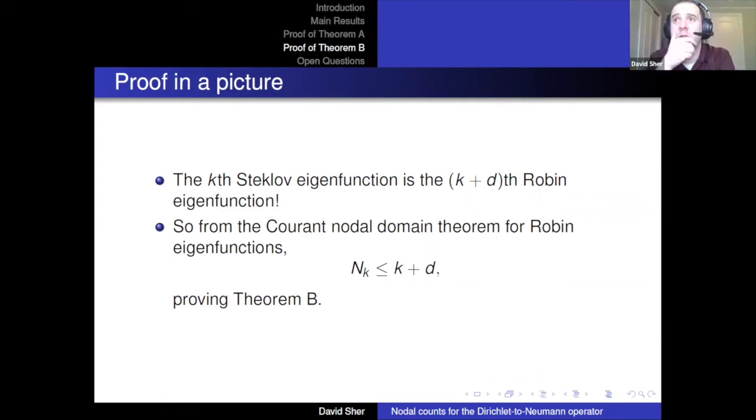Could we instead use Pleijel at this place? Interesting. I think Pleijel works for Robin eigenfunctions, if I'm not mistaken. That would be the Courant-Lena 2016 result. So that probably does get you a better result, doesn't it? That's a great point.